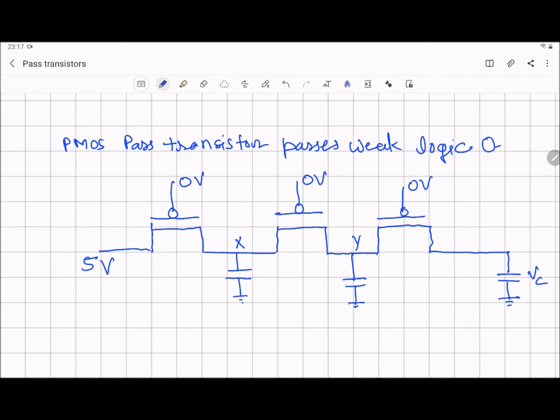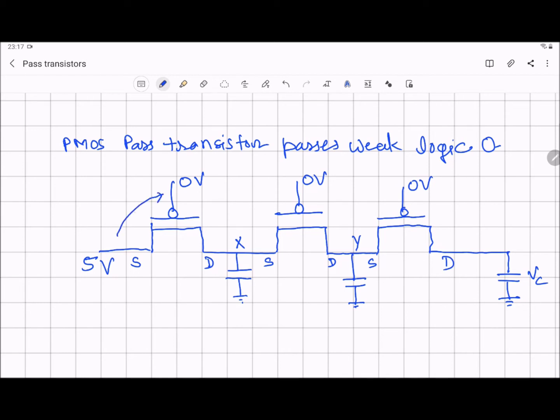Let us call these nodes X and Y. Now quickly write down the terminals. 5 volt terminal will be known as source, the other terminal is going to be drain. Similarly source, drain, source and drain.